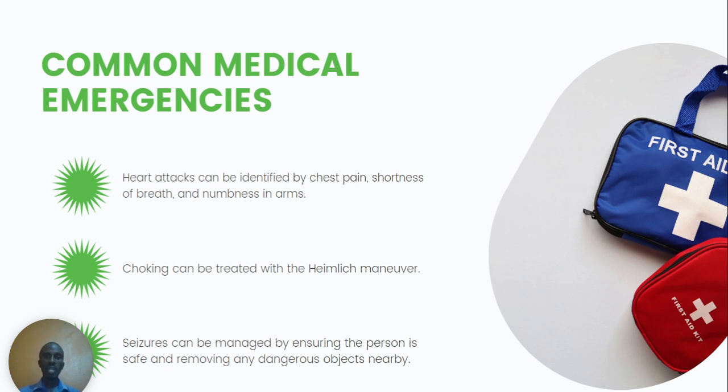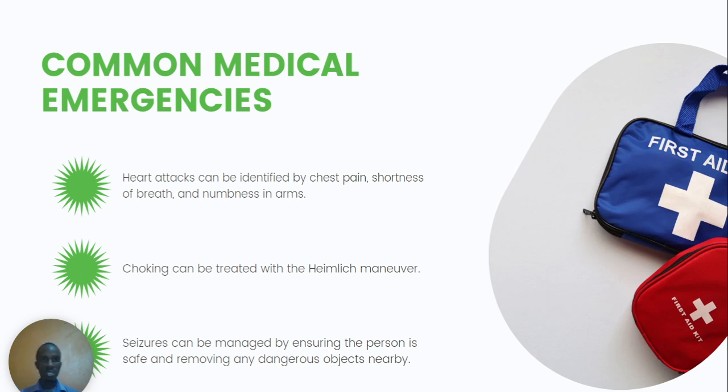Then we have seizures, which are common in epileptic patients, and there are those uncontrollable movements of the limbs, which can be very severe and they are rapid in nature. There is contraction and relaxation, but in a rapid fashion, and it is common in those people who are suffering from epilepsy.